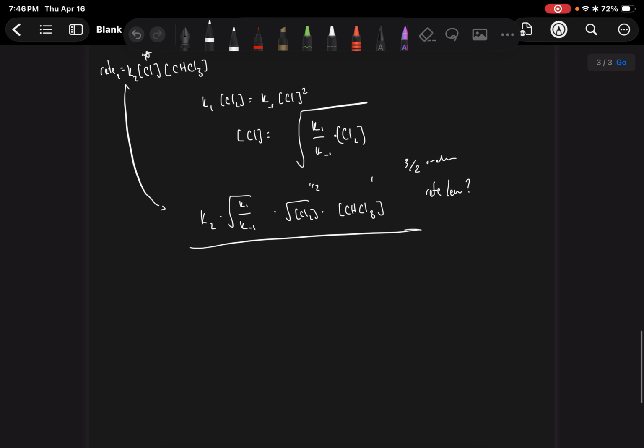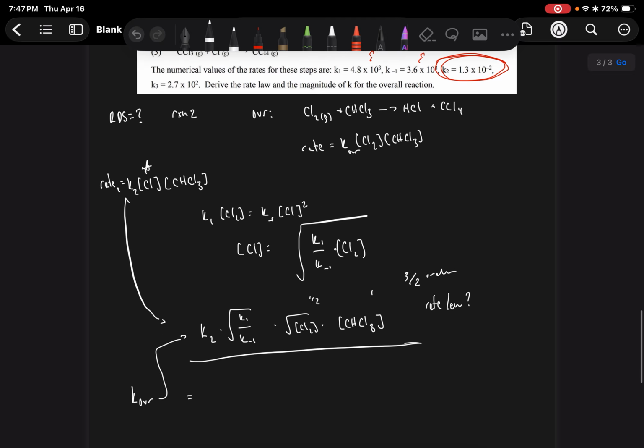So now in order to find whatever K is, K overall is equal to this. So that means it's equal to K2, 1.3 times 10 to the negative 2 multiplied by 4.8 times 10 to the 3 over 3.6 times 10 to the 3. Now what will we get?